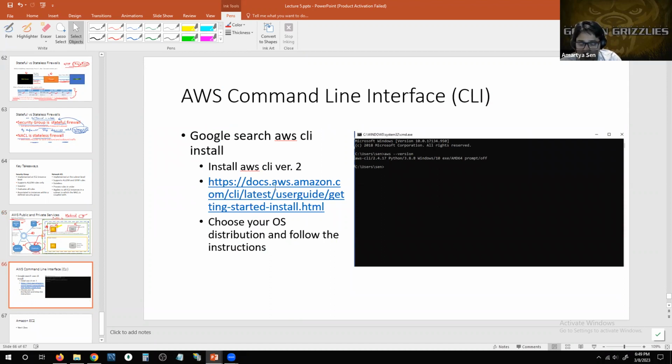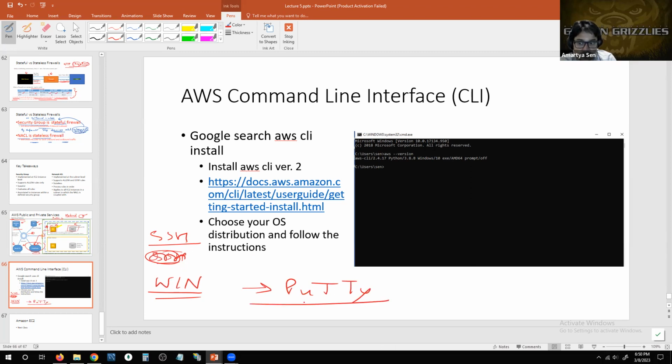Now here, I talked about the AWS client, the CLI. Please install this. I already asked you in the last class, but if you haven't done it, please install it. Also, for those who are working with the Windows operating system, you didn't used to have the functionality of SSH. Actually, now you have it in the command prompt. But if anybody is working with an older version of Windows, and their command prompt does not support SSH, then the alternative is to download software called PuTTY, which allows you to establish SSH connections to your EC2 instance.